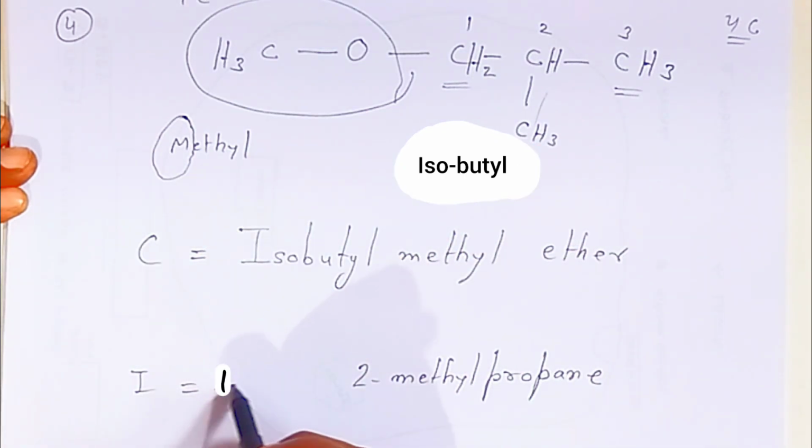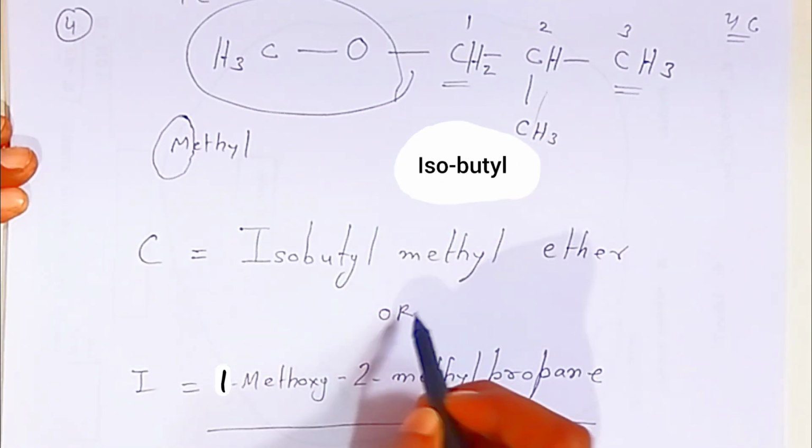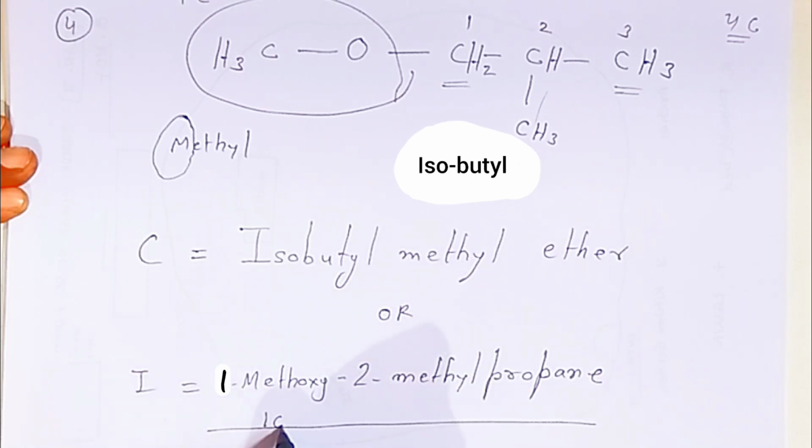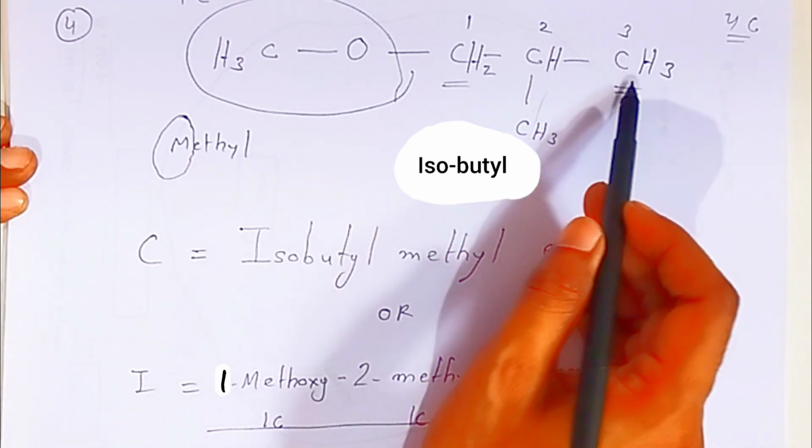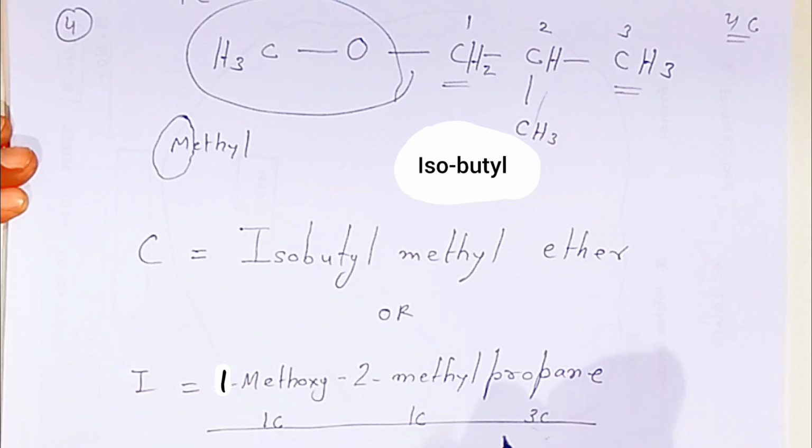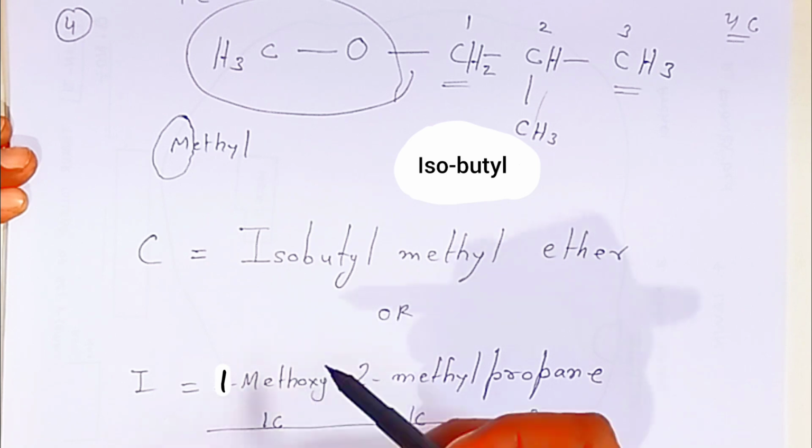So that will be the name of this compound. Understanding? This methoxy will carry 1 carbon, this is 1 carbon methyl, and this is what? 3 carbon. So total how many carbon is it containing? It will contain 5 carbons. So 4 carbon here and 1 carbon here. So a 5 carbon containing molecule is nothing but 2 methoxy 2 methyl propane. Understanding, students? This way you can identify whether our name is correct or not.